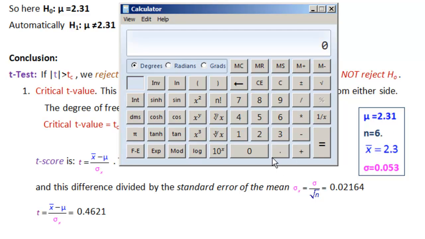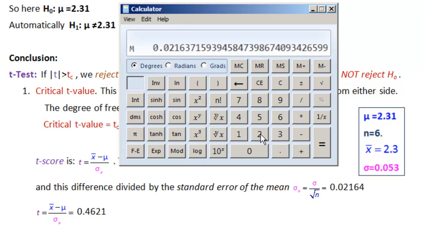Using a standard Windows calculator, we would first calculate the square root of 6, then 1 over, times 0.053, and we get 0.02164. That's what we've written here, 0.02164.